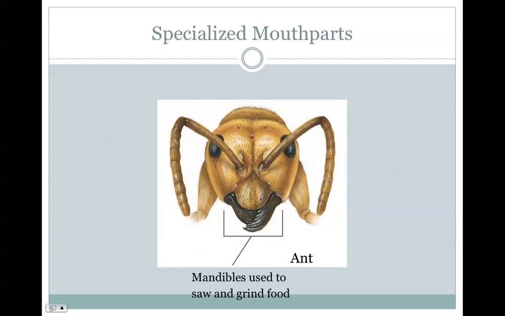It will give you quite a lot of pain for 6+ hours. But these mandibles are to tear and chew and grind and saw. And so you've probably heard of leaf cutter ants. They cut leaves away, and then they take them to the colony to store them away, and they add some fungi to it, and they have a little garden in their colony. And they need their mandibles in order to do this.